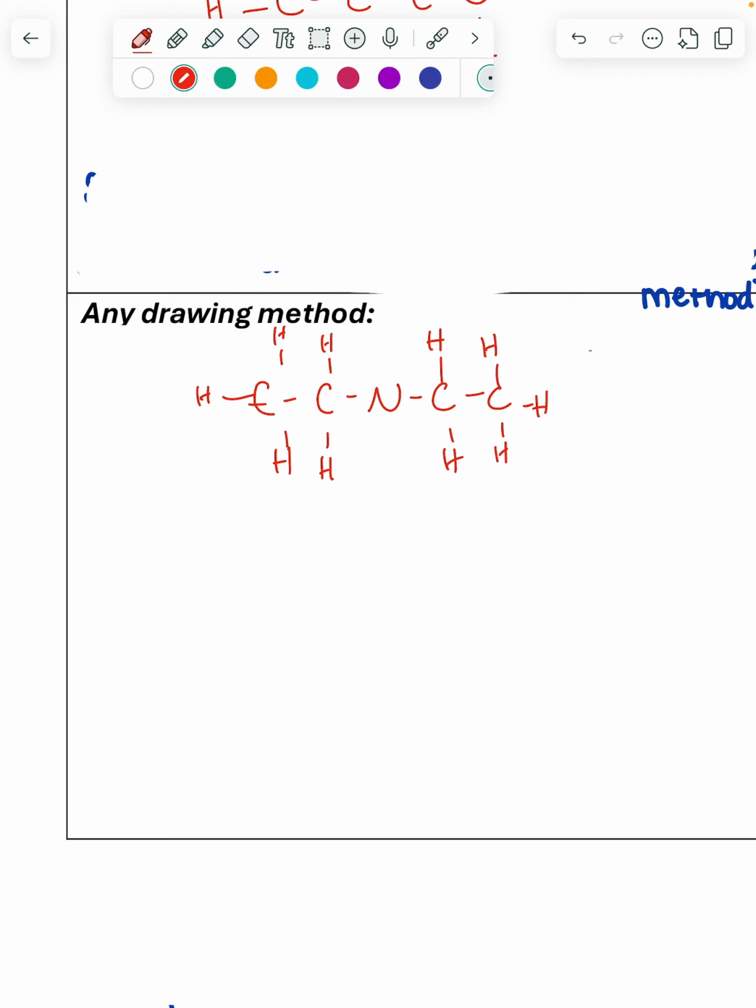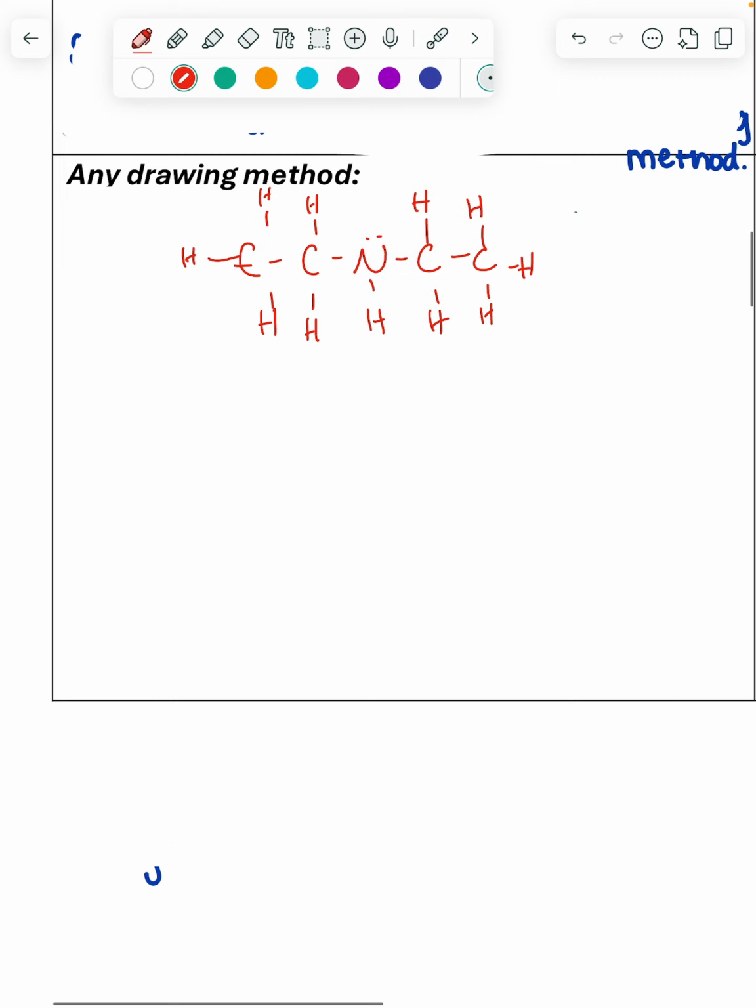So then this needs to have a hydrogen on that to make it 11 hydrogens. So if we did a line angle, that would be how the line angle drawing would match that.